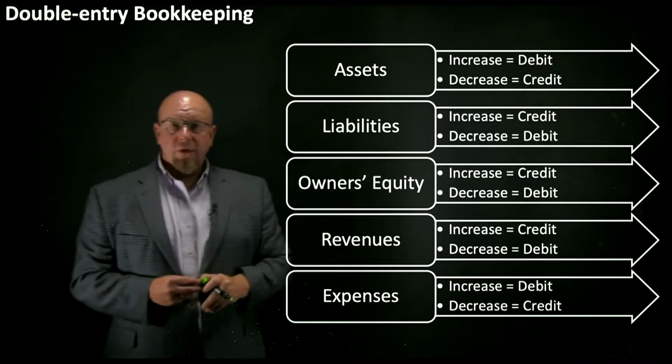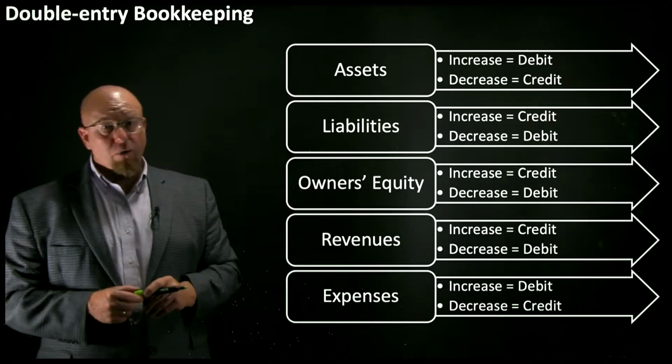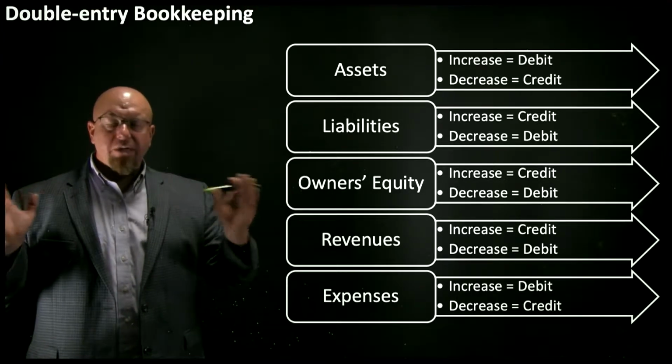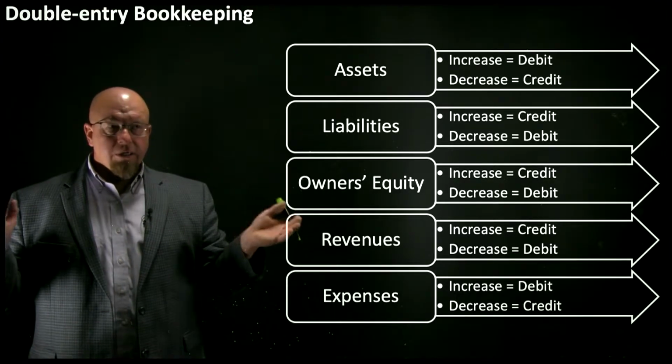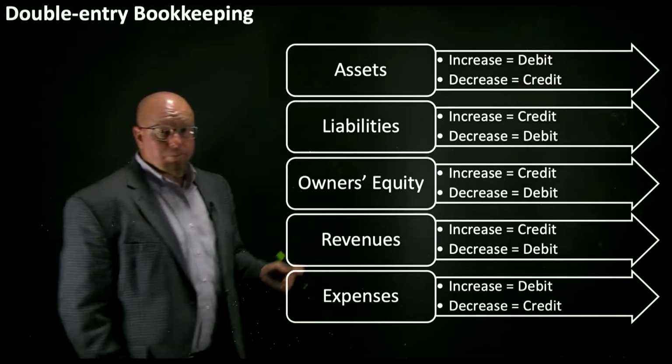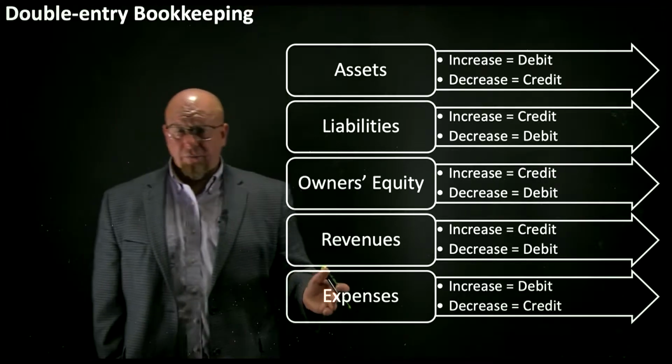Of course, Ford Motor Company is going to have a whole lot more individual asset, liability, and revenue accounts than a small local business. But they're still going to have the 5 basic building blocks.